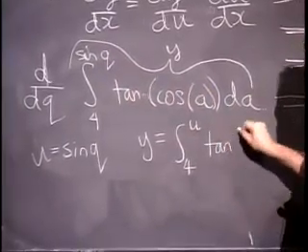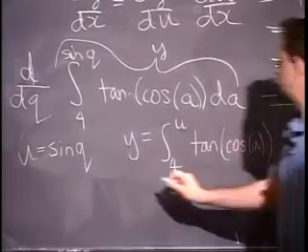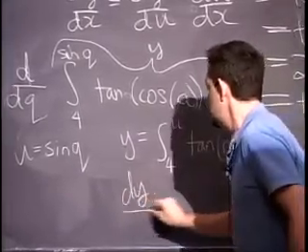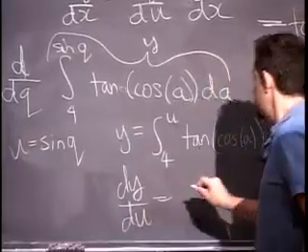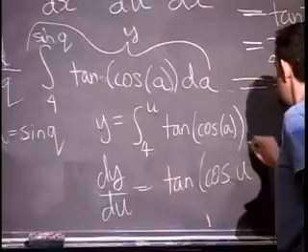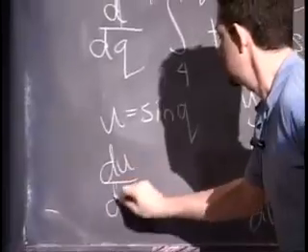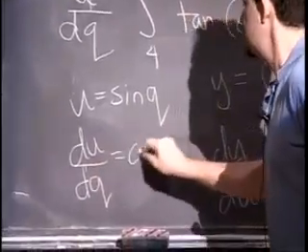And I get tan of cosine of a, and of course dy du, by the fundamental theorem, is tan cosine of u, and du dq is cosine q.